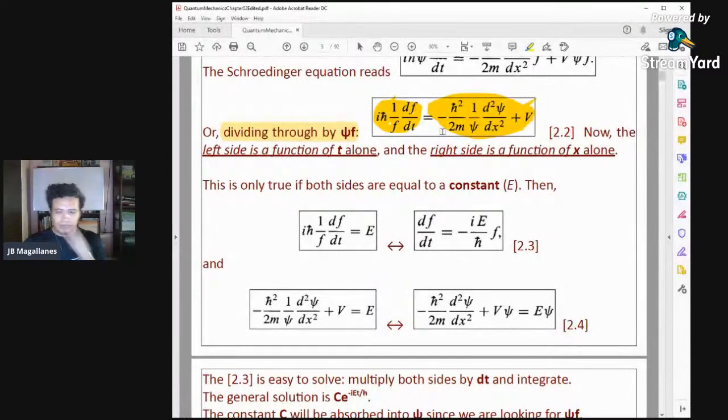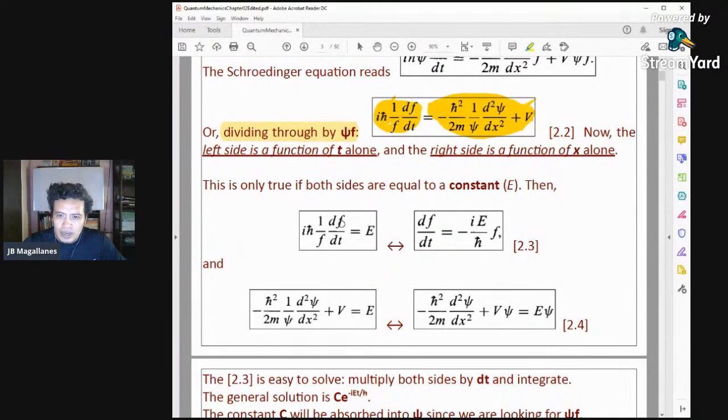So in this case, we set the constant to be E for this side and also E for the other side. So you have this expression now.